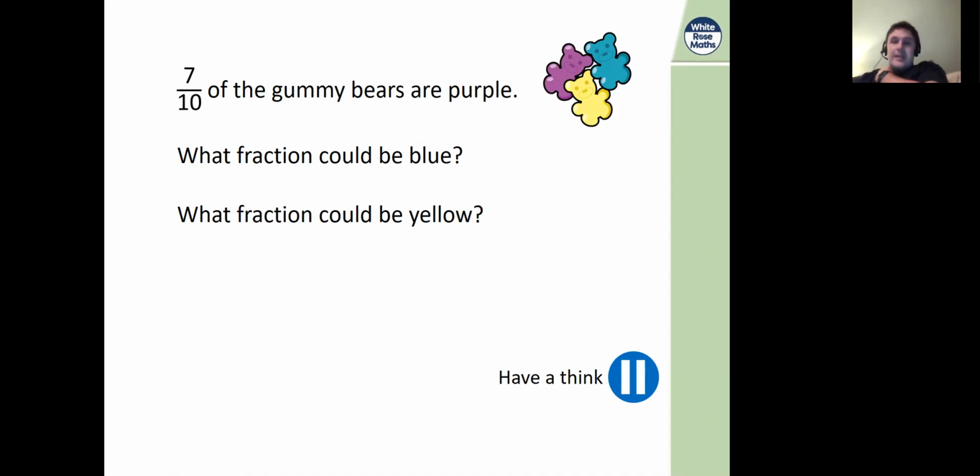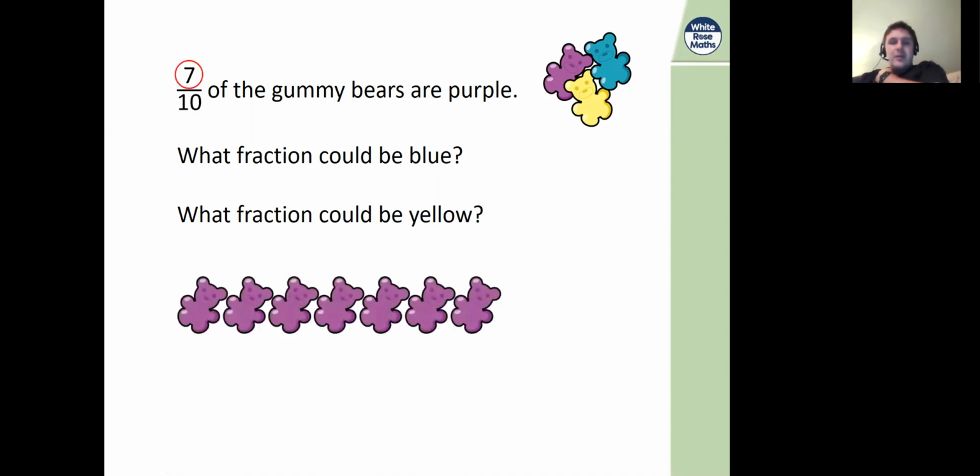Okay, let's have a look then. Well, if 7/10 of the gummy bears are purple, that means that I've got 7 purple gummy bears out of 10. Well, how many extra would there be that are not purple? Okay, well, there'd be 10 altogether. So if I've got 7 that are purple, I'd be left with 3 that aren't purple.